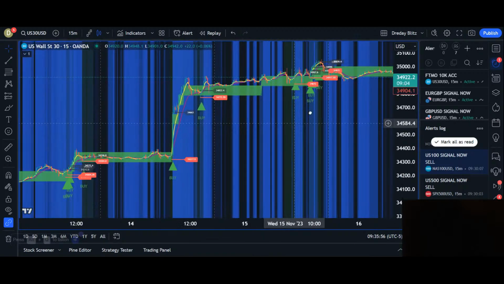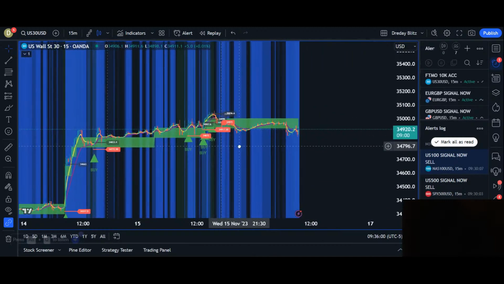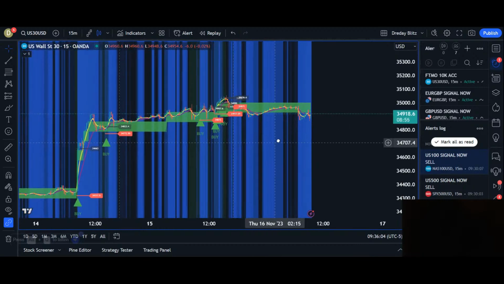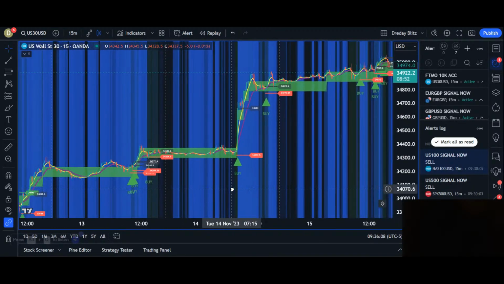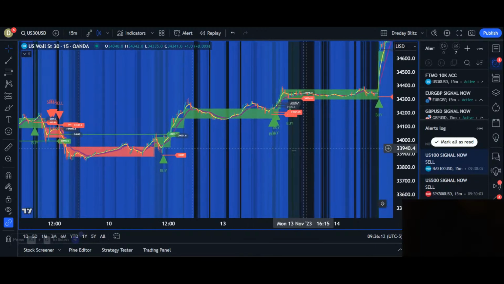Until now, those trades should still be running based off of the Renko bars. So if you're keeping those trades open, you'll be in great profit.